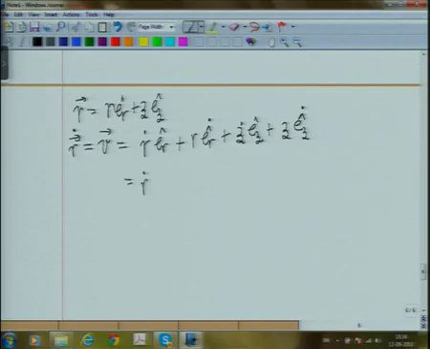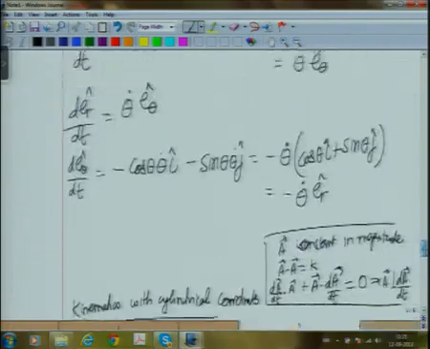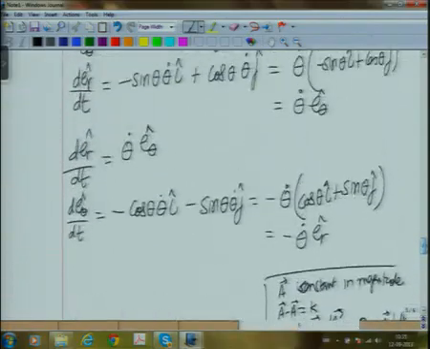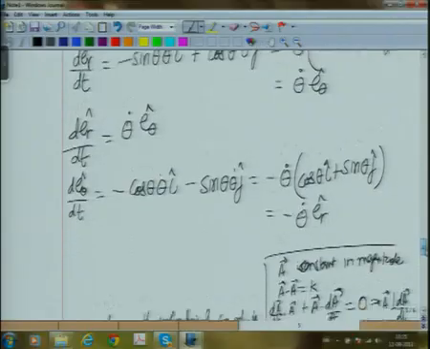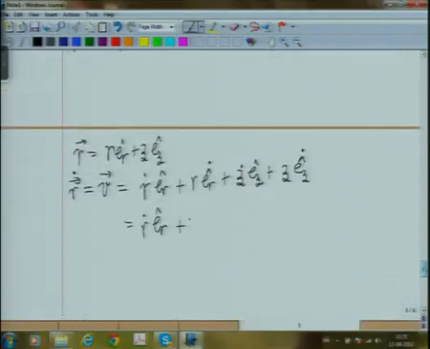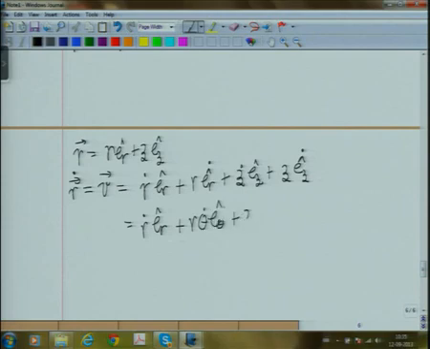Now r dot Er stays as it is. What is Er dot? We have just seen Er dot was θ dot Eθ. So plus r θ dot Eθ plus z dot Ez. Ez dot is 0.